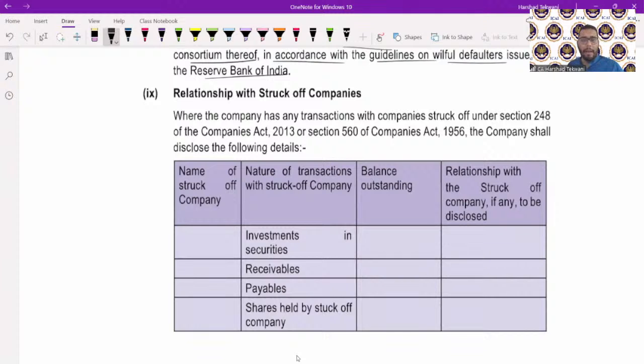For example, the company has entered into a transaction with a struck off company, and the name of that particular company has been removed. Under section 248 of the Companies Act 2013 or section 560 of the Companies Act 1956, whatever it may be, you need to provide details of that particular transaction with the struck off company.